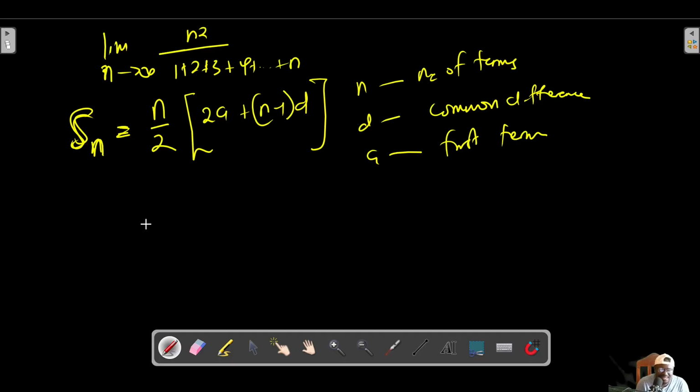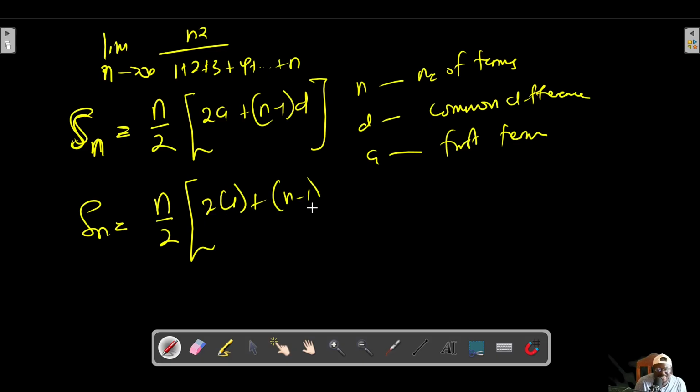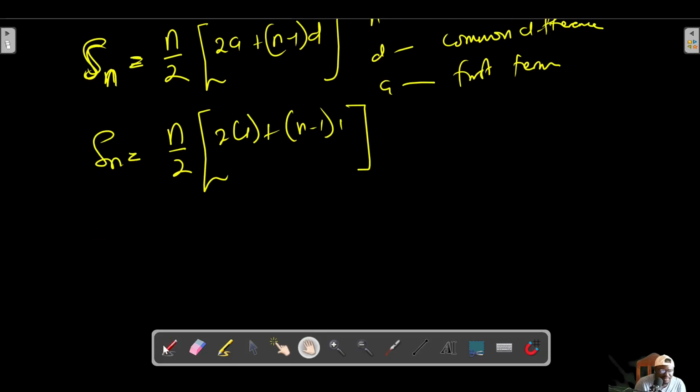So then I can say that the sum will be what? The number of terms is n divided by 2. What is the first term? The first term is 1. Then n minus 1. What is the common difference? You realize the common difference between the individual terms is 1. So our Sn expression, that is the sum, will be n over 2 multiplying 2 plus n minus 1.